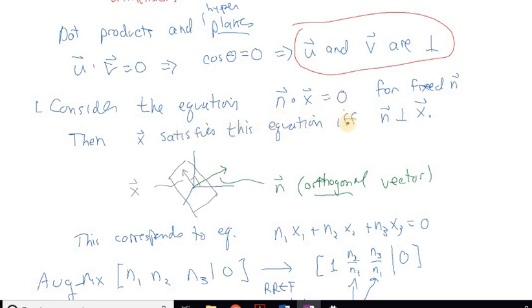Now, x satisfies this equation if and only if n is perpendicular to x, as we've seen. So the set of solutions of this equation are the set of all vectors that are perpendicular to n. Okay? So I'm going to draw my vector n here, and any vector that's perpendicular, like this one, is in the solution set. All right? And you can see that all these directions are perpendicular.